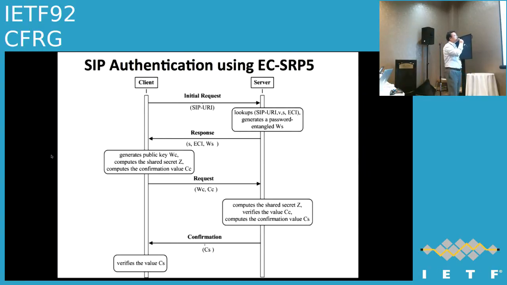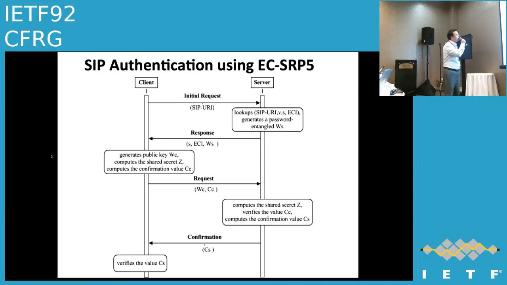The server makes a lookup according to the SIP URI, gets the password verifier, and starts ECSRP. After that, it generates the password-integrated public key WS, and responds to the client with the start ECSRP and WS.